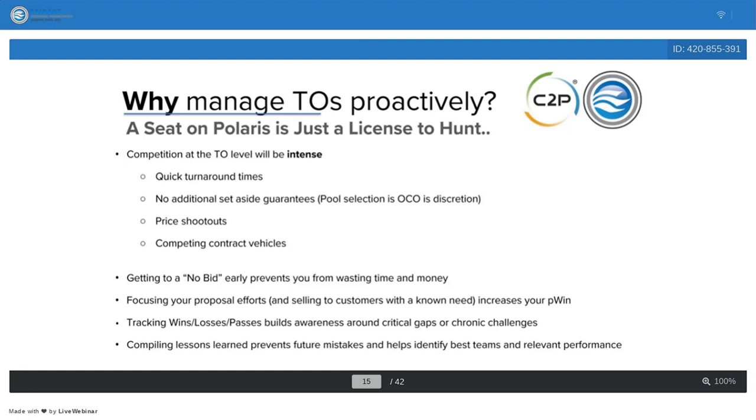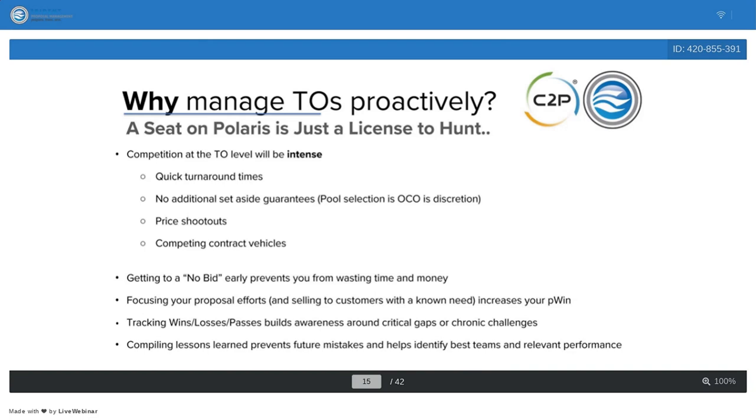In that case, maybe you need more resources, or a better method for forecasting. Are you losing on price consistently? Maybe there are levers that you can explore, or experts that you can consult to make those tweaks. Because if you change nothing, there's no reason to expect that your outcome is going to change, as we are in this endless cycle of capture, proposal response, and then debrief and delivery.